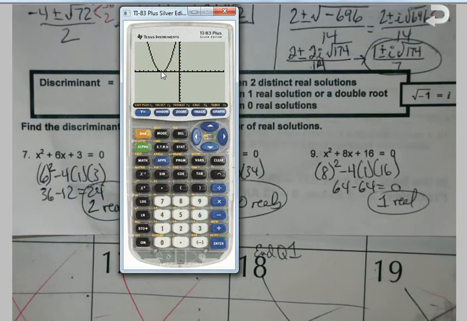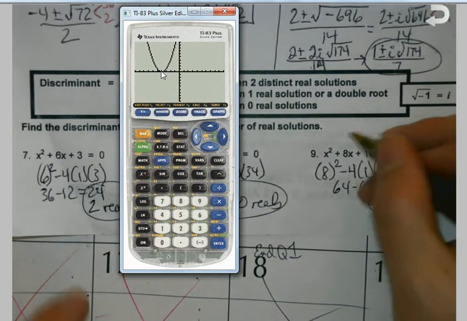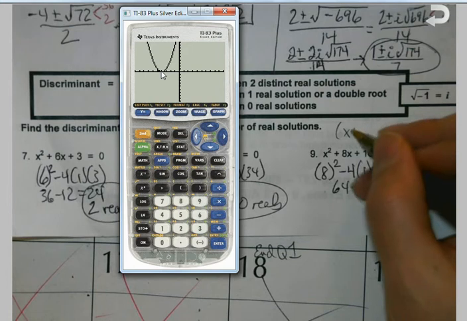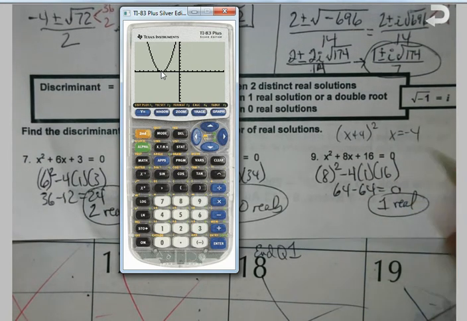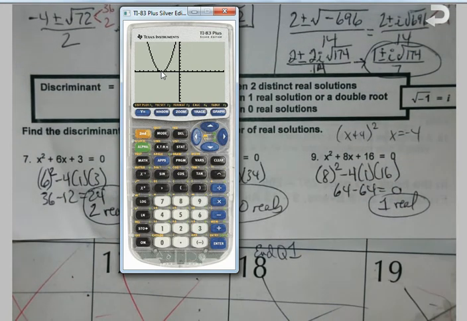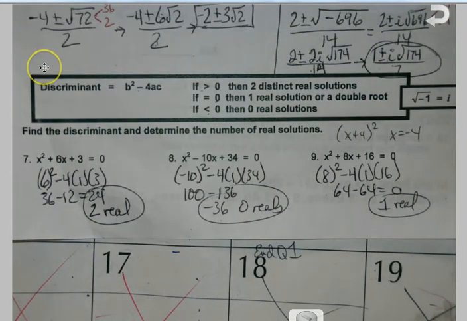Just this one spot right here at negative 4 would be the only solution that I'd have. So if I were to factor this, if you think of it that way, you'd get x plus 4 squared. So I'd only get one answer. That's where that's coming from. So that's where the factoring comes together with the graphing, and it all kind of comes together in a big piece. But that's all I use the discriminant for.